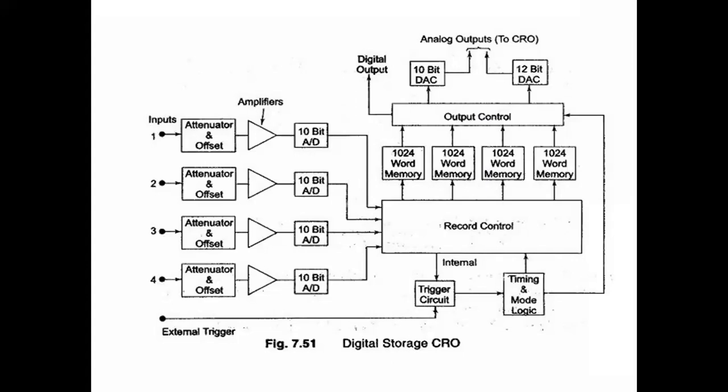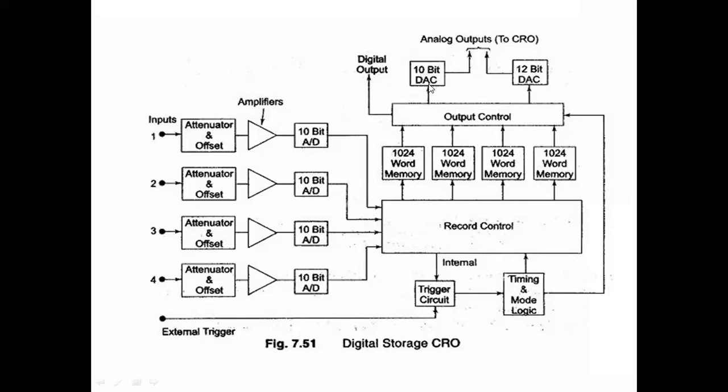Generally, output means we are retrieving the digital data from the different memory sections, and that data is sent to the two DACs. One is for the vertical section, and another is for the horizontal section.